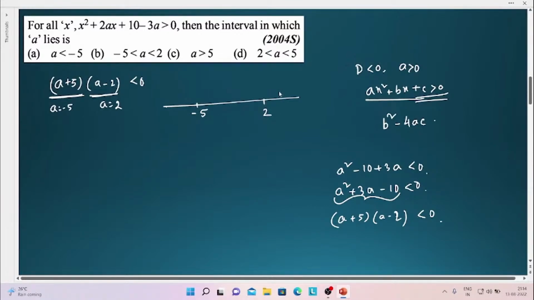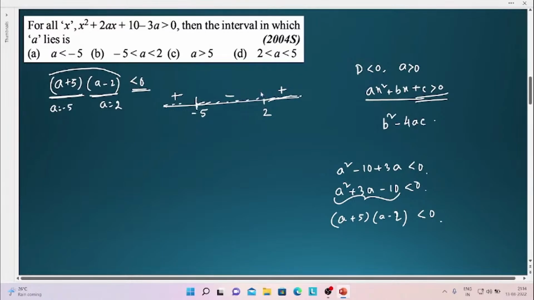If we apply the wavy curve method, then that part will be positive, that part will be negative, and that part will be positive. I mean, this total part will be positive for that region, negative for that region, and again positive for that region. We have to take only the negative part, because here the expression is less than 0.